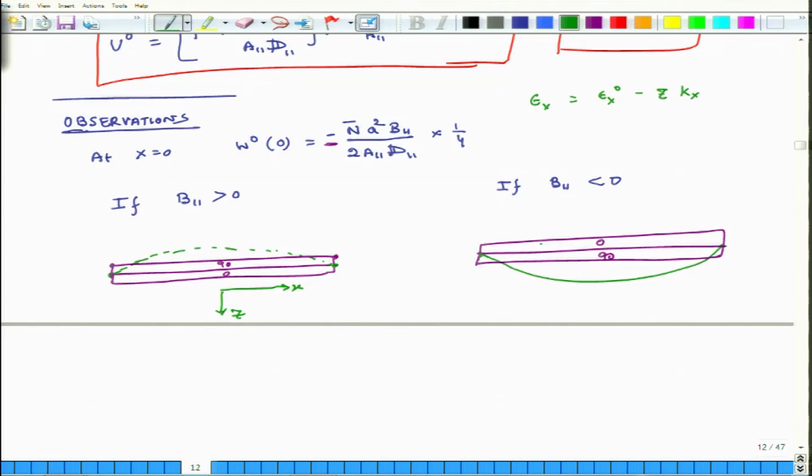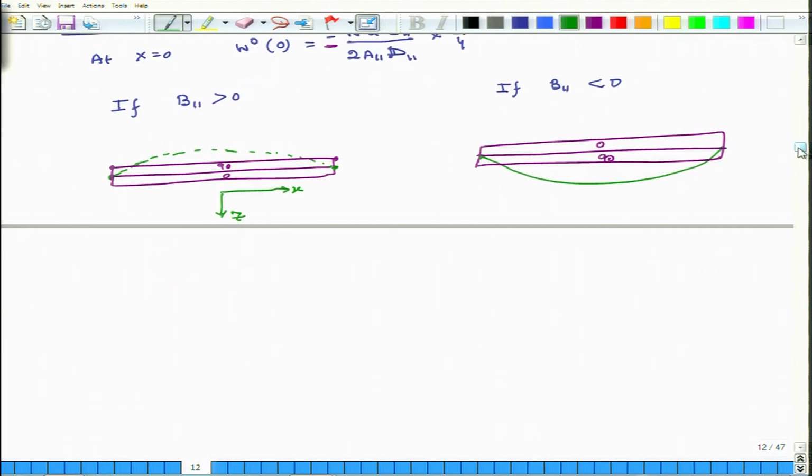The physical reason why the plate bends upwards in this case, and in the second case when B11 is less than 0, is as follows. Physical explanation for direction of plate bending.